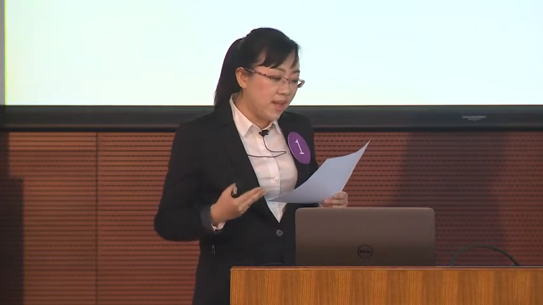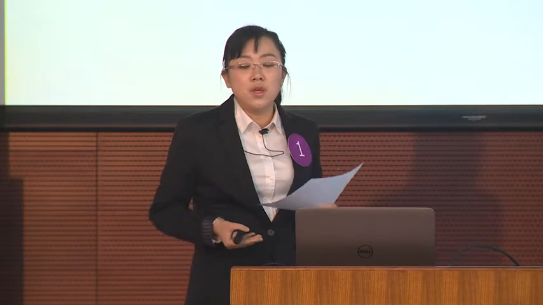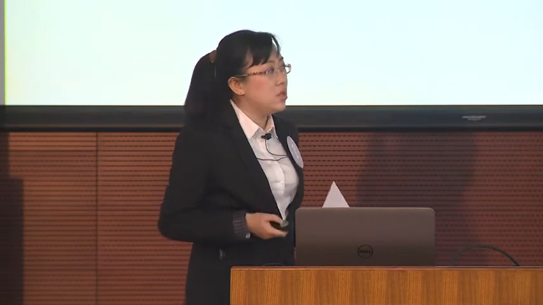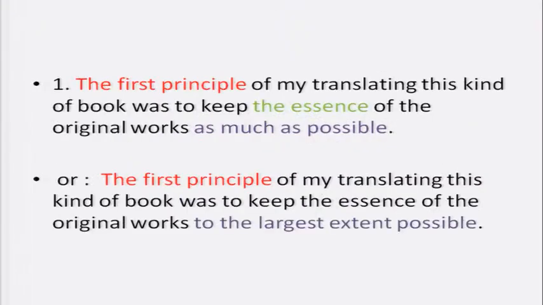The first thing is to 最大可能范围内保持原作之神韵. But what is 神韵? 神韵 here is actually the essence of this book. Try to keep the essence of this book. And 最大可能之范围内, what does that mean? Actually, that means as much as possible, or to the largest extent.